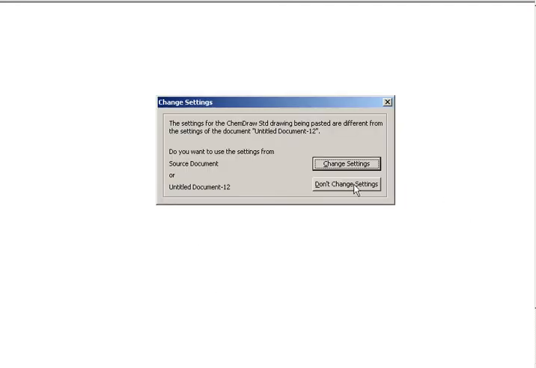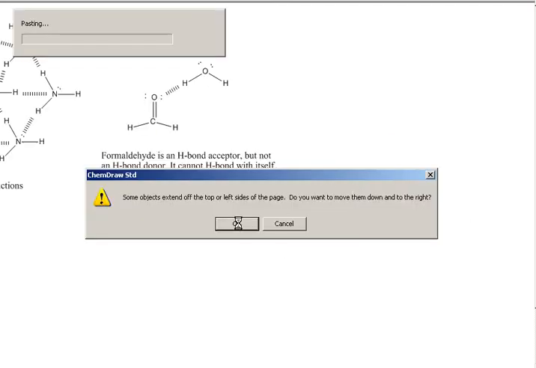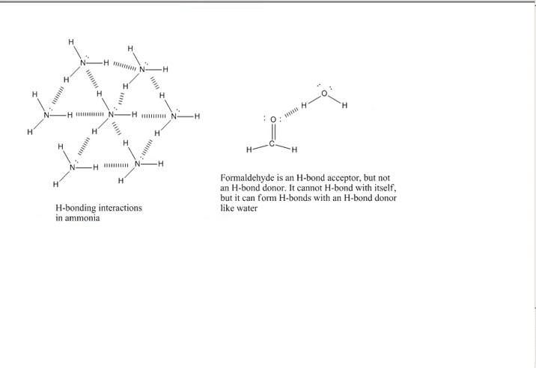The next type of interaction I want to look at is the one that's called hydrogen bonding.